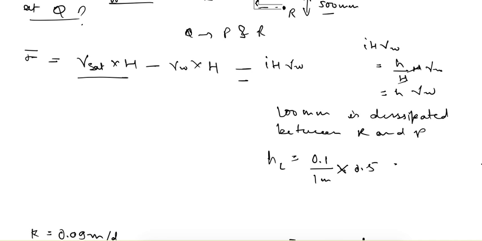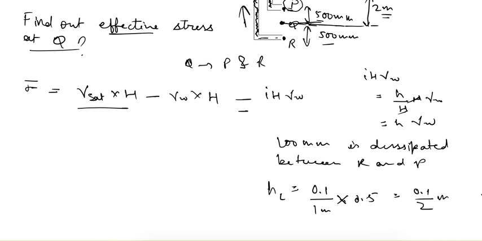So the head loss is 0.1 upon 2 meter, which is 0.05 meter.